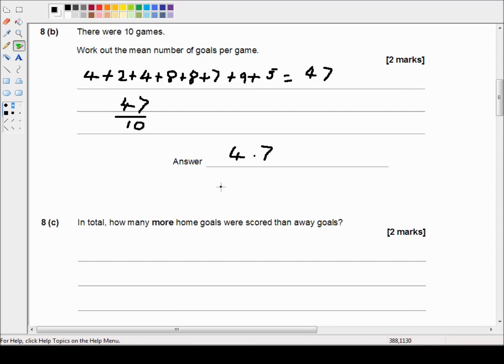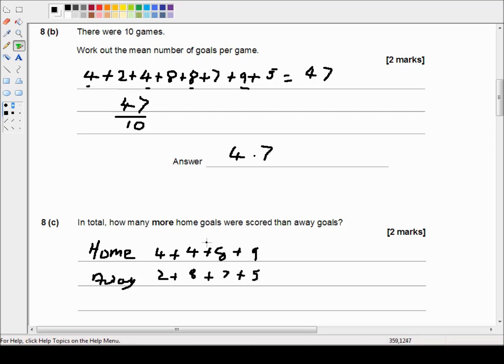Okay, so the home goals were 4 plus, that's this 4 here, plus then this 4, because they were home, away, home, away, home, away, so 4 plus, and then this 4, so this 8, plus 9, and then the away would have been 2 plus 8 plus 7 plus 5.